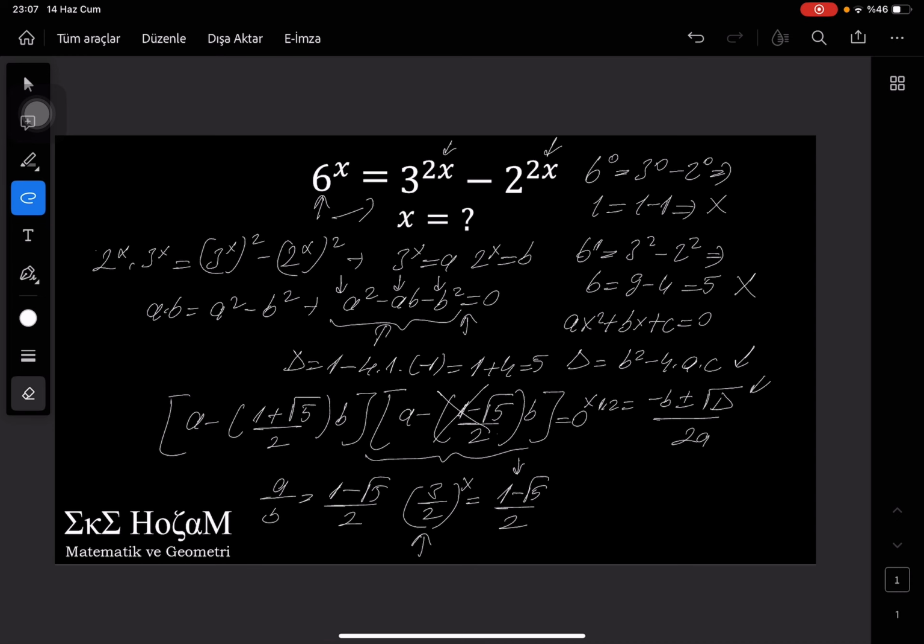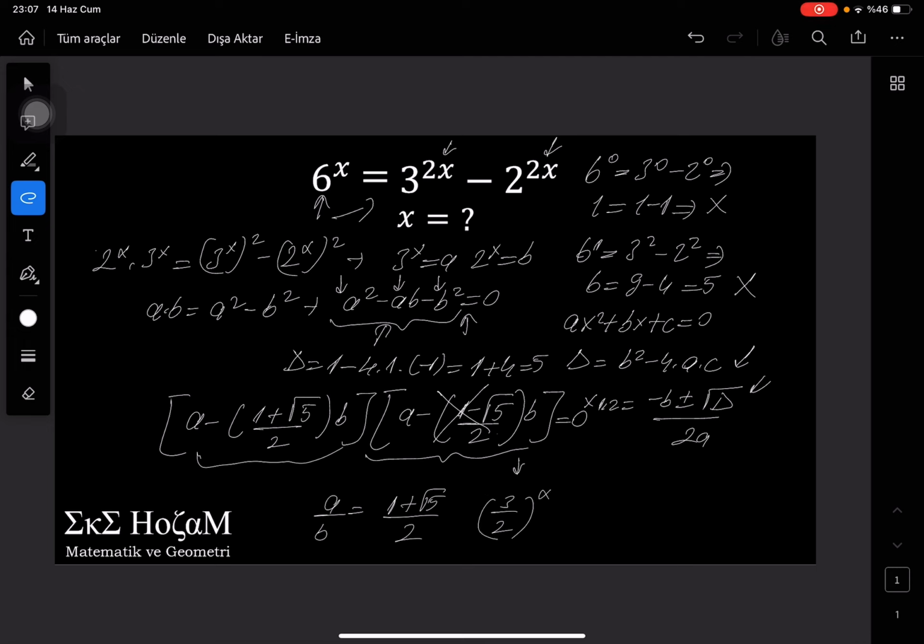Therefore, I'm going to look at the first expression for the solution of the question, this one. This means that a divided by b will be 1 plus square root of 5 divided by 2. It means that 3 divided by 2 to the x will be 1 plus square root of 5 divided by 2.